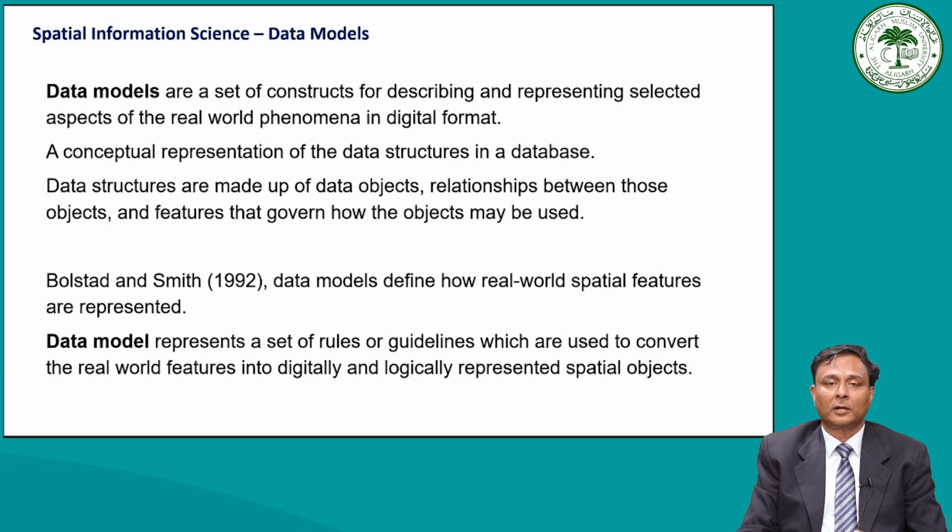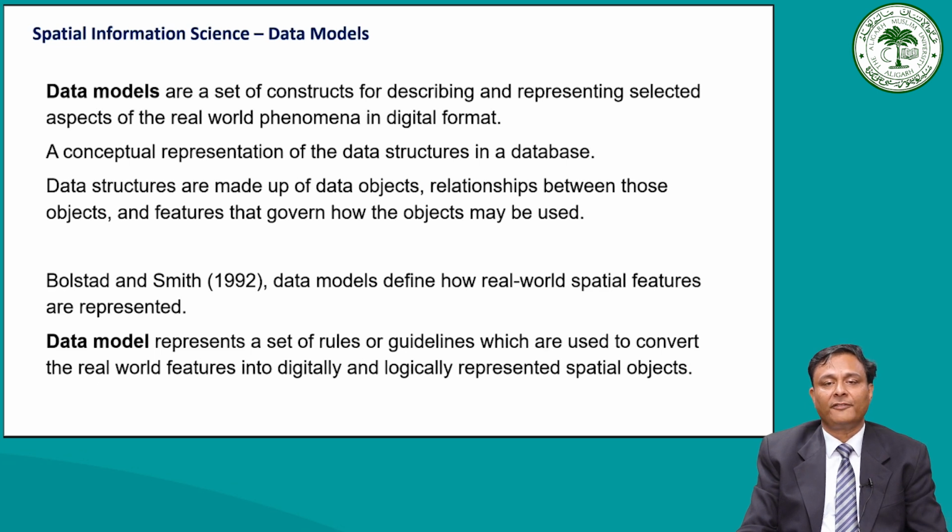The data model is basically a conceptual representation of data structures in a database. Data structures, on the other hand, are made up of data objects and relationships between those objects and characteristics that influence how the object may be used.